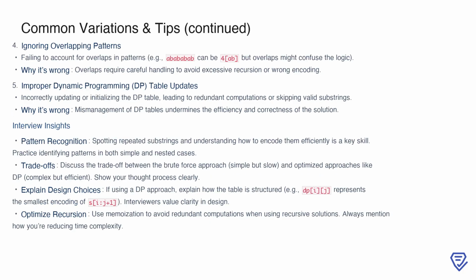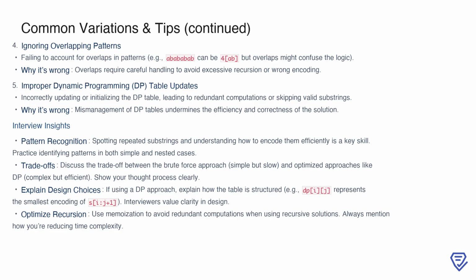To better understand the algorithm's performance, let's analyze it under different scenarios. In the best case, when the string has no repeated patterns, such as A, B, C, D, E, F, the algorithm still evaluates all substrings to confirm that no compression is possible. This means the time complexity remains n cubed, even in the best case.